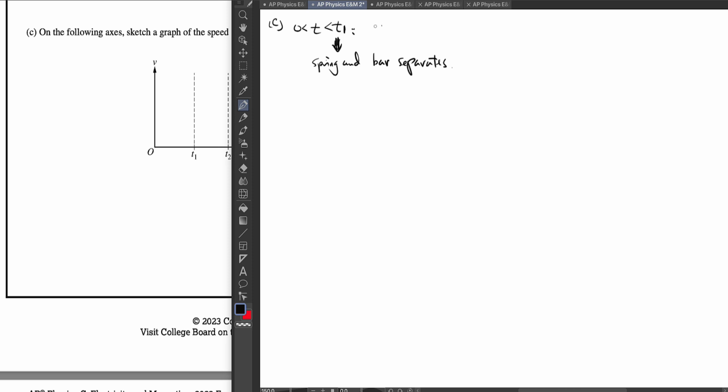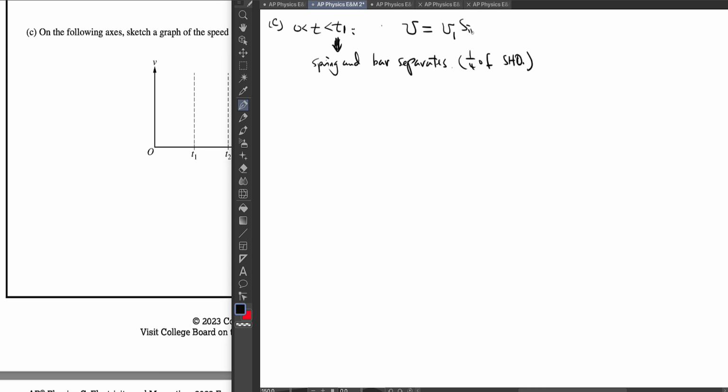We know it's one quarter of a simple harmonic oscillation. So we can write down the velocity relation using a sine function.